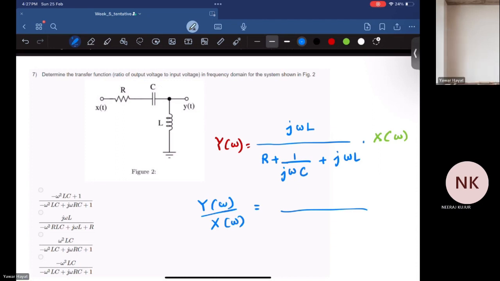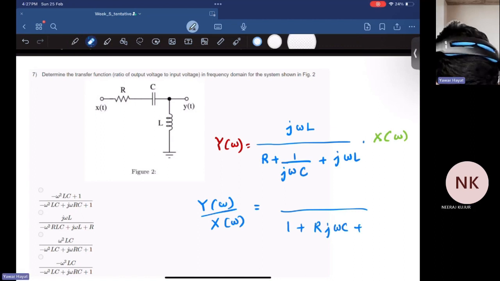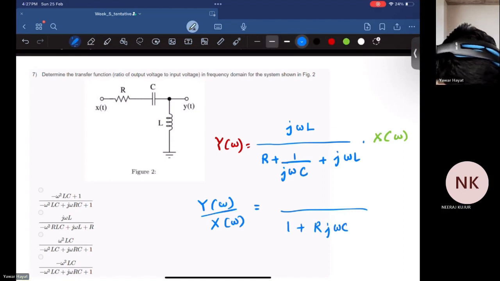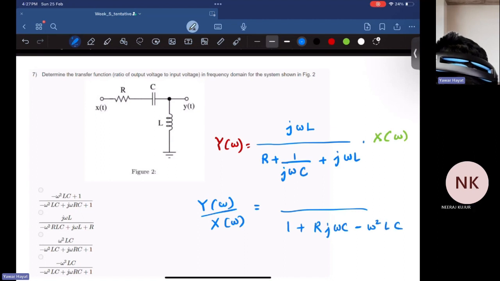Okay, we'll have 1 plus R j omega C, right? Plus j square is minus 1, so this would be minus 1 times omega square LC, right?